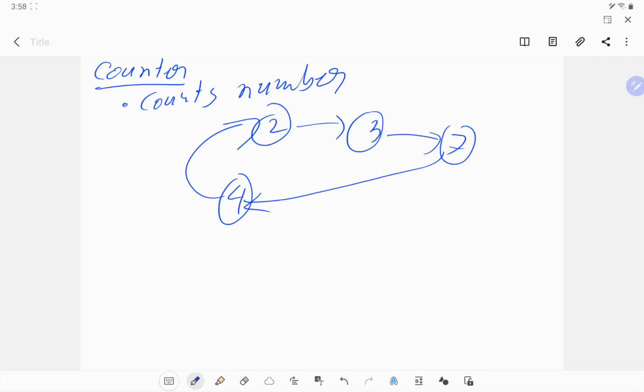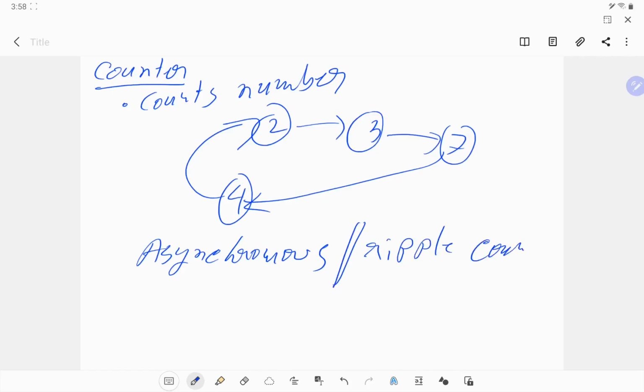The first type we call the asynchronous counter, also called the ripple counter. In this type of counter, the output of a flip-flop is used as the clock pulse of another flip-flop.